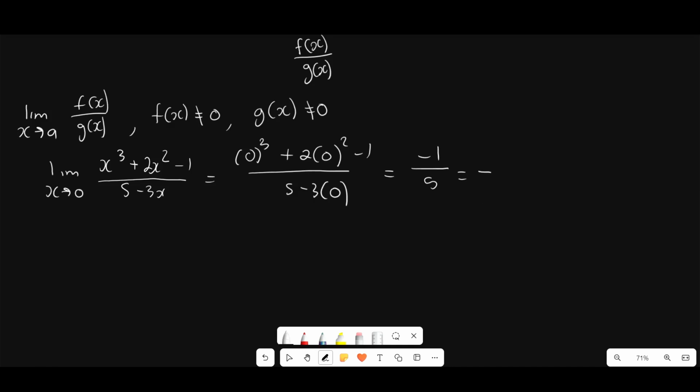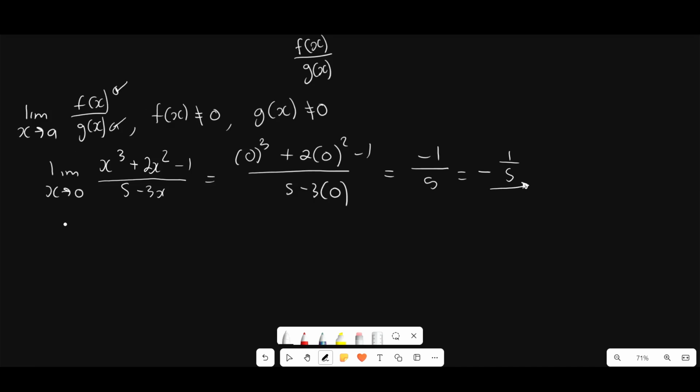You should get negative 1 over 5. That's my limit. So this is my first stage, when the numerator is not equal to 0 and the denominator is also not equal to 0, you basically do the direct substitution.